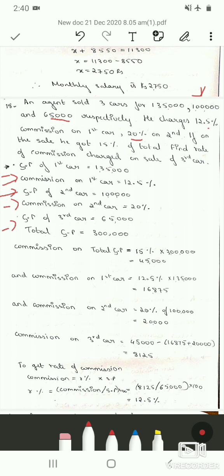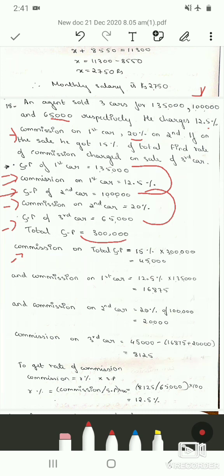And another additional information they have given is, on total he got 15% commission. So commission on total selling price. So here total selling price adds the selling price of all the three cars, that is 1,35,000 plus 1 lakh plus 65,000, which is nothing but 3 lakhs.